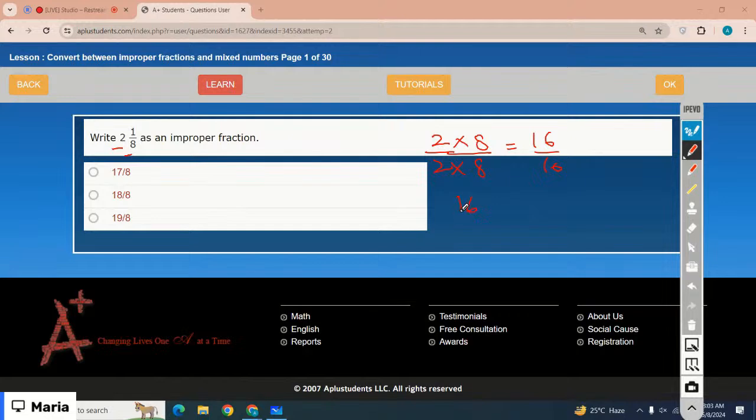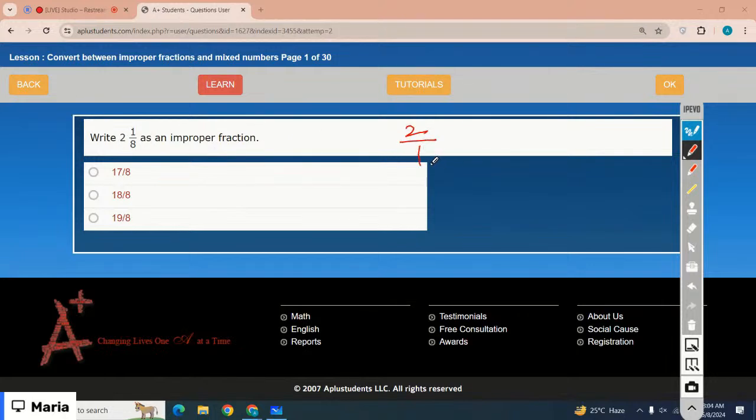You have to add, no, you have to write the denominator 1. That would be 16 over 8. 16 over 8 plus 1 over 8. 16 plus 1 is 17 over 8. You don't have to change the denominator actually, right? Hold on. That is 2 over 1, right?